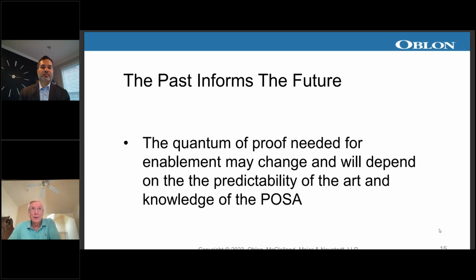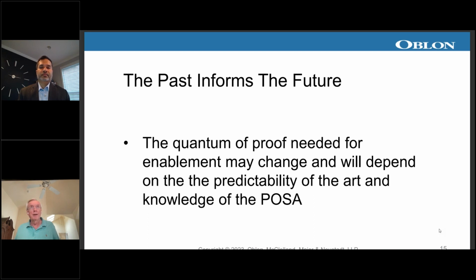When I joined the patent office in 1970, curing or treating cancer was considered an incredible utility and required proof of actually doing it in a human. And it was on a par with perpetual motion machines.